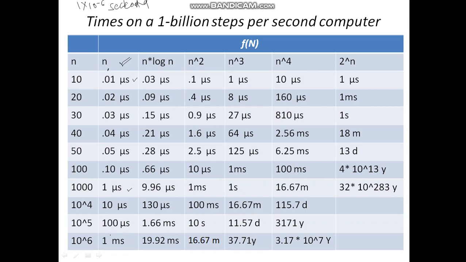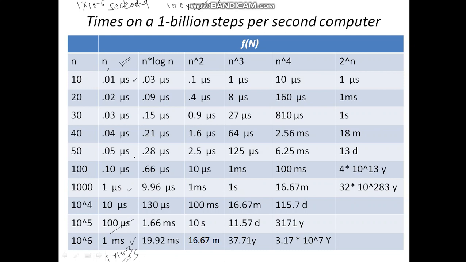Even 100 microseconds is 100 into 10 raised to minus 6 seconds, which is also very fast. 1 millisecond is 1 into 10 raised to minus 3 seconds, the 1000th part of a second. So the growth cannot be observed here.